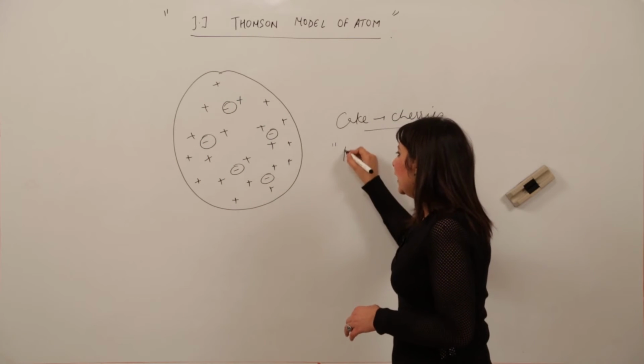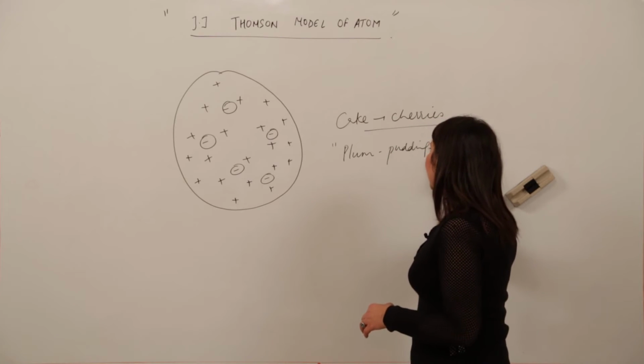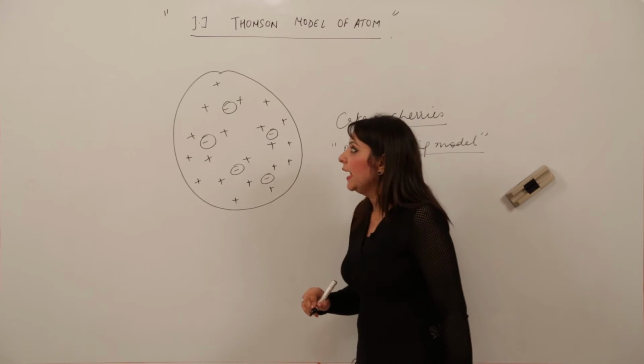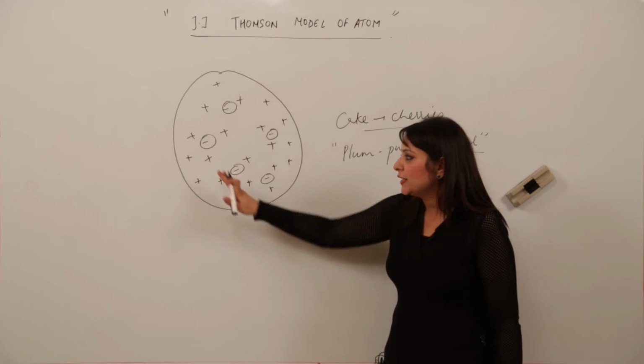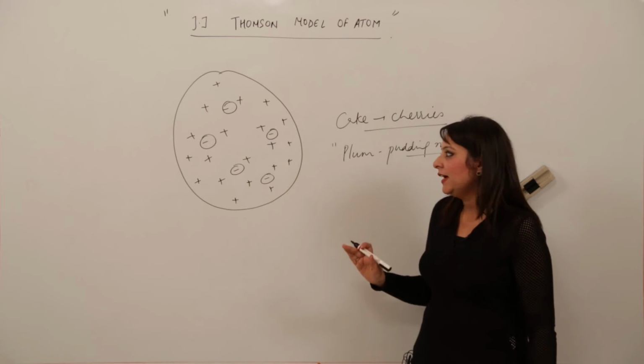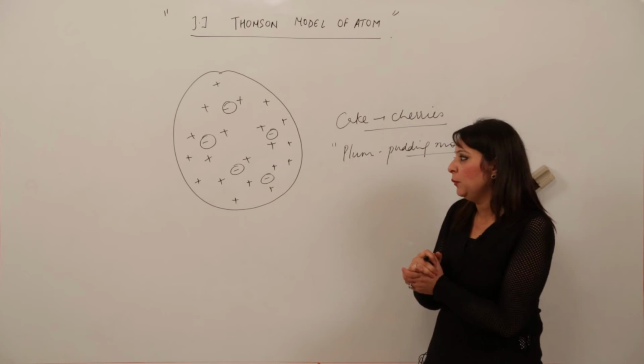And he named his model the plum pudding model. I am repeating again, just listen carefully. He said that atom is a positively charged sphere with few negative charges scattered all over, right? And the model was called the plum pudding model.